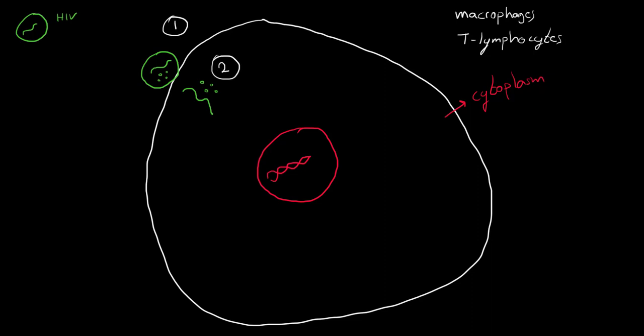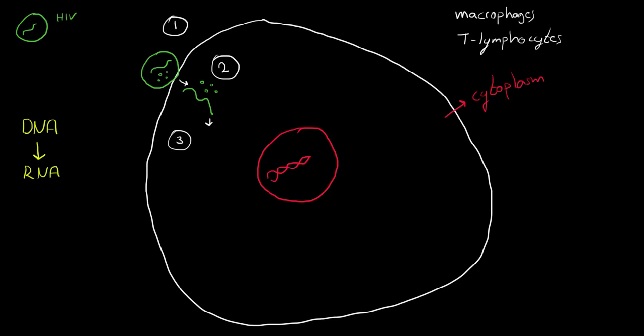Now, step 3 is something amazing. It's something that we hadn't seen before. When HIV was first discovered, we didn't really know that viruses can actually do this kind of mechanism. And what mechanism is this? We learned in previous lessons that during gene expression, the DNA is transcribed into RNA.